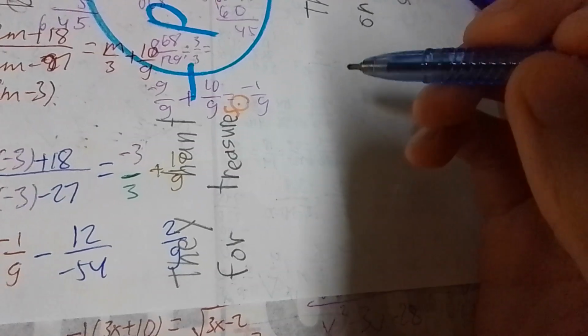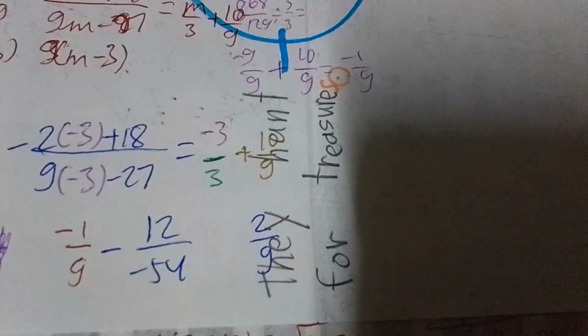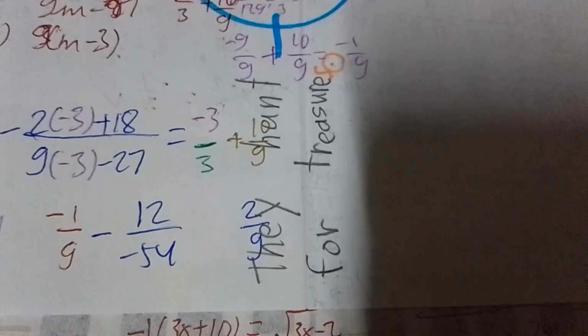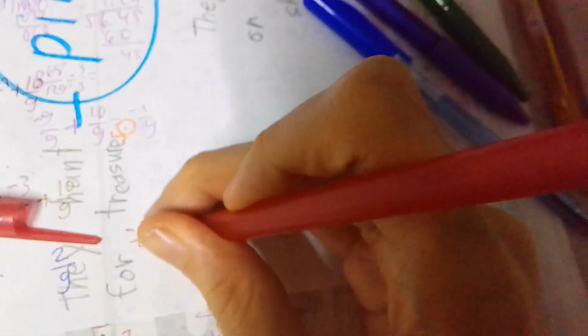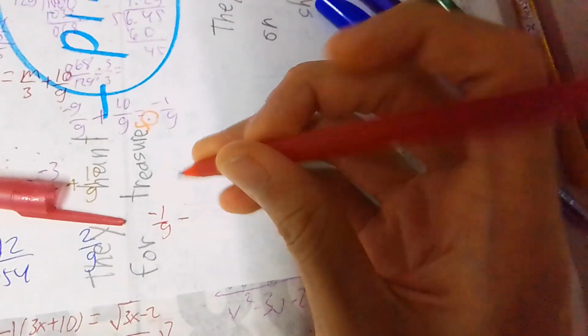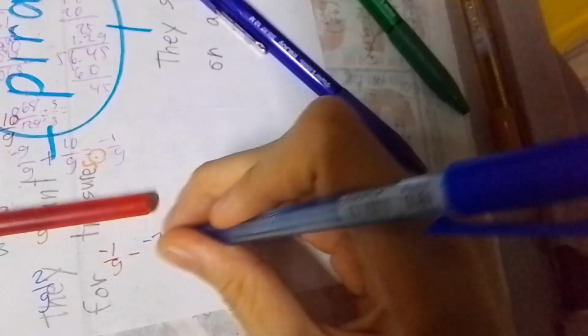Two ninths. Right? And then going back to our literal equation, we have negative 1 ninth minus negative 2 ninths.